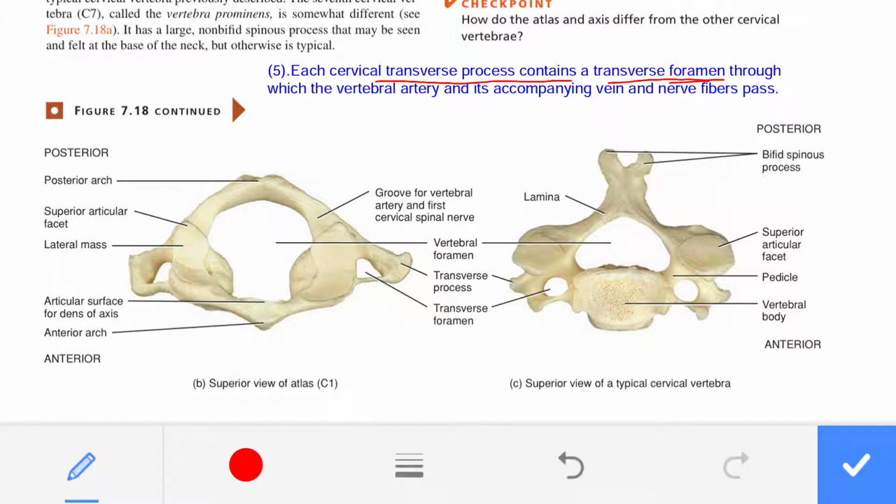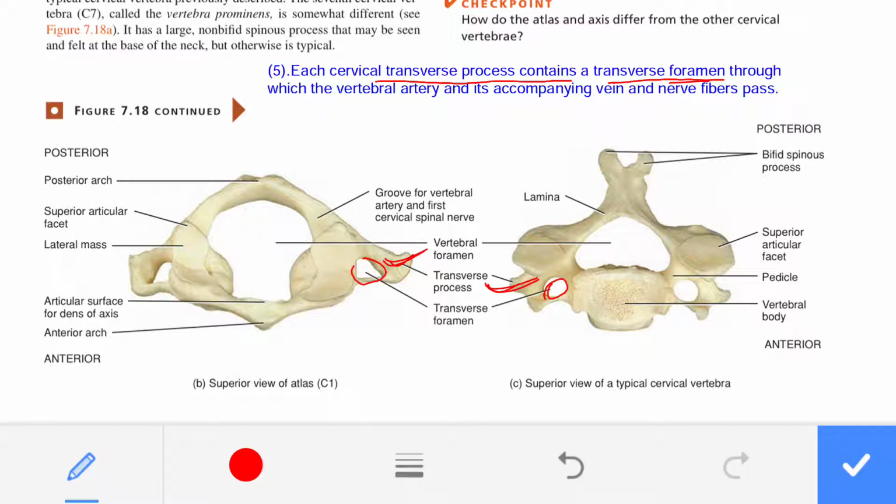For example, this one is the transverse foramen, this one is the transverse foramen. Sorry, this is the transverse process and this is the transverse process. So in each transverse process, as you can see, a transverse foramen is present. Over here also a transverse foramen is present.